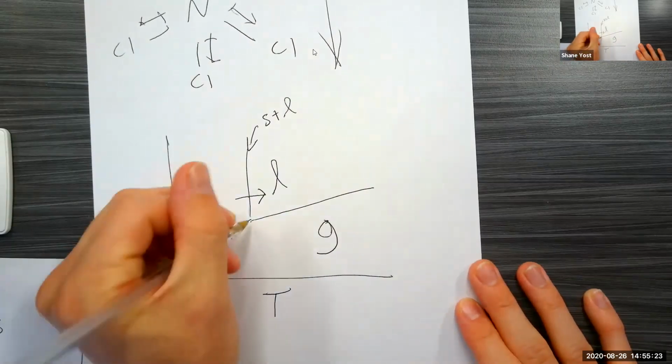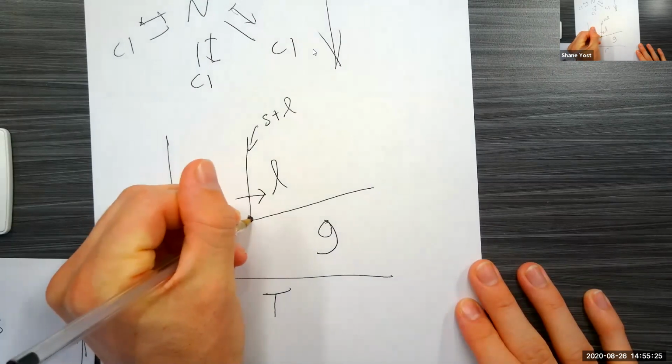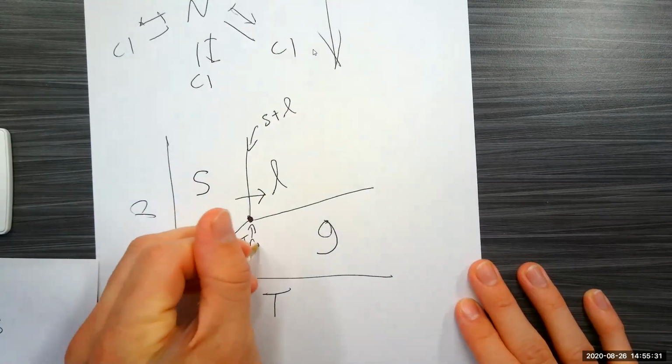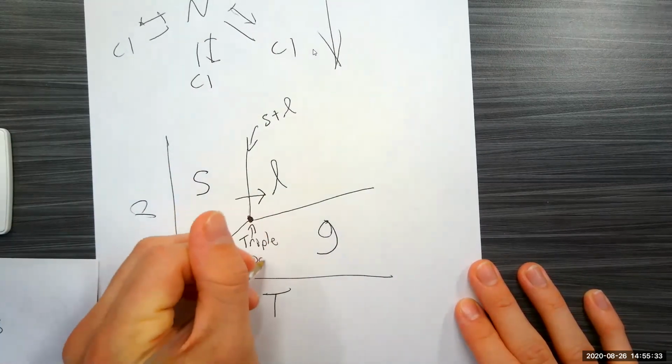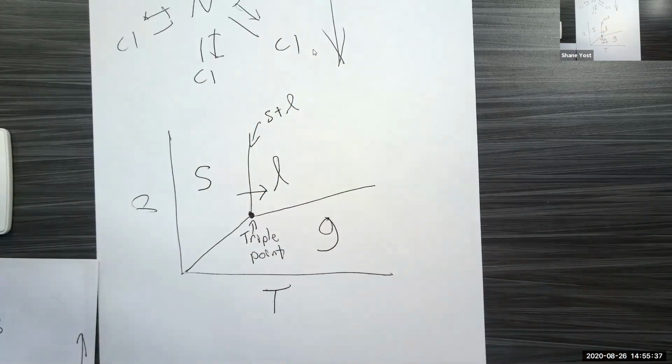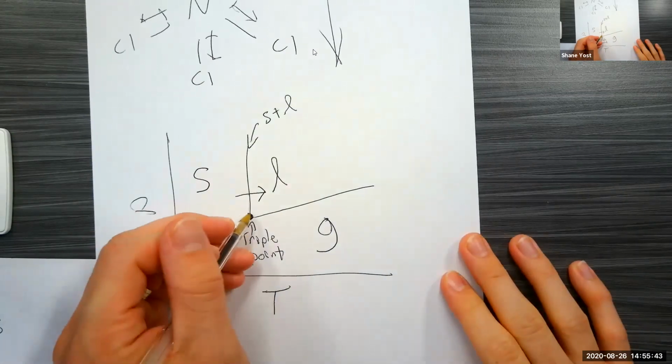This point here is called what? The triple point. This is the triple point, where all three phases coexist. Solid, liquid, and gas exist in equilibrium with each other at the triple point.